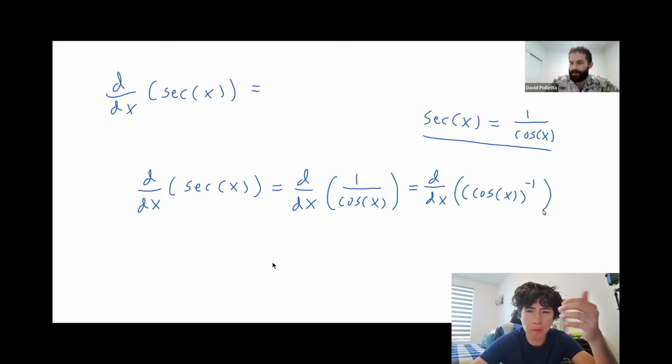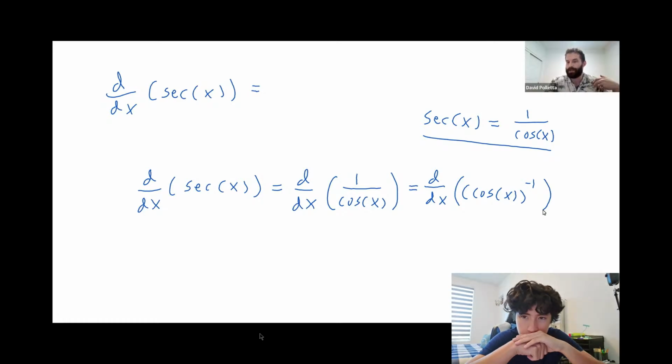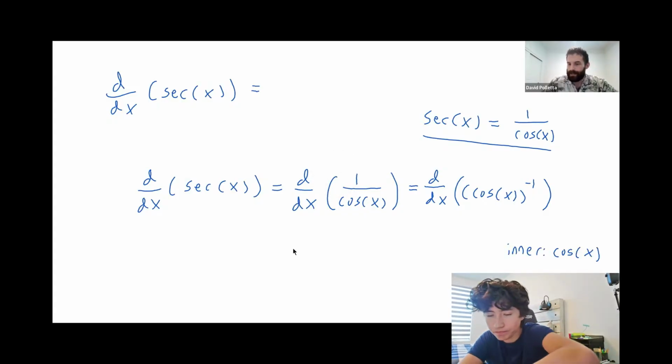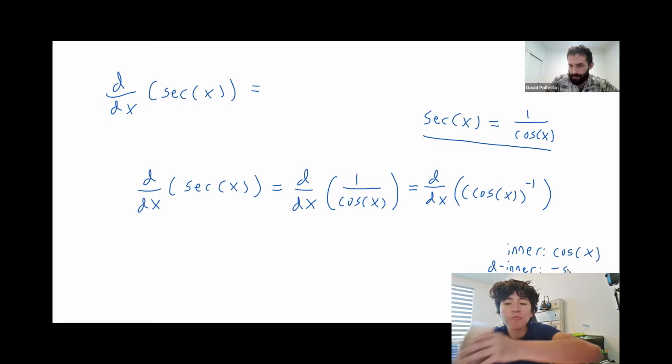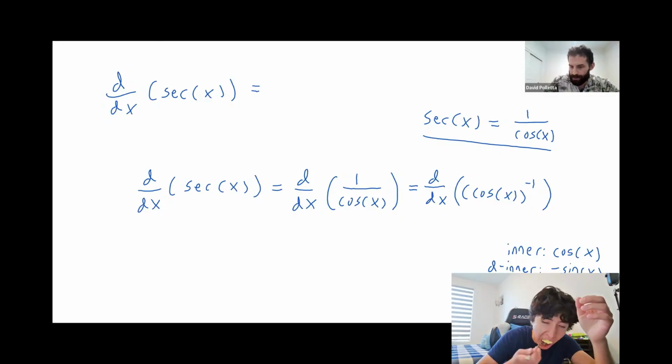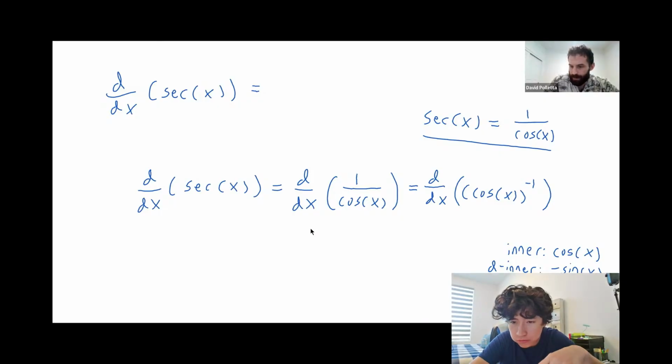Chain rule, right? Yeah, so we get negative sine of x times negative cosine of x to the power of negative 2.